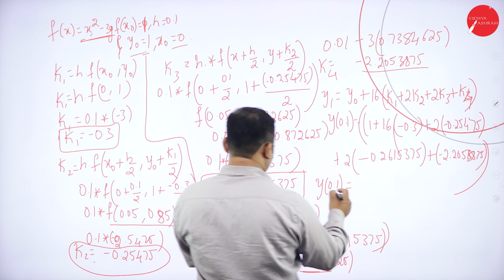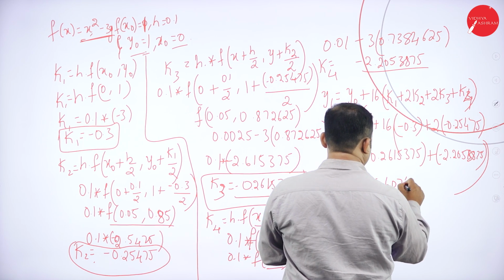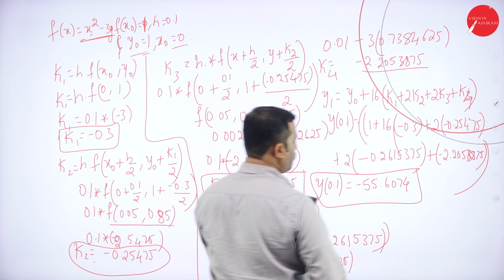That is y of 0.1 is equal to minus 55.6074.